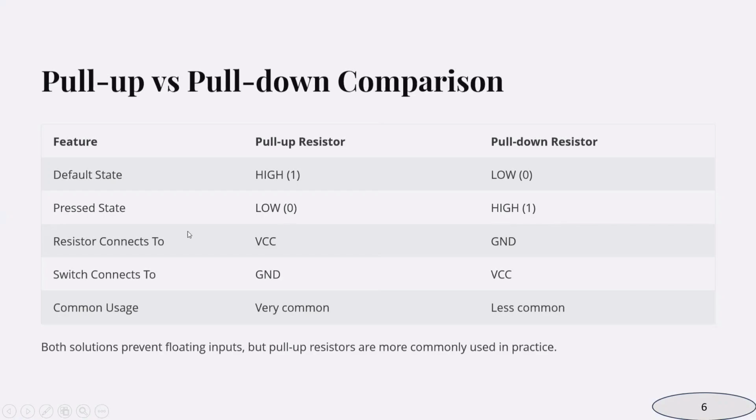In the case of pull-up resistor, the resistor connects to VCC, but in the case of pull-down resistor, the resistor connects to GND. And in the case of pull-up resistor, the switch connects to GND, and in the case of pull-down resistor, the switch connects to VCC.